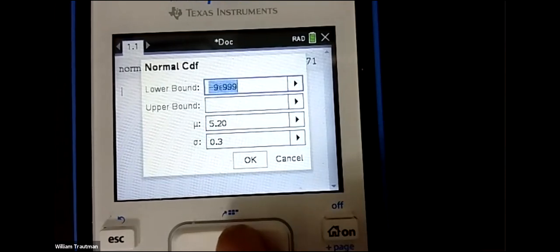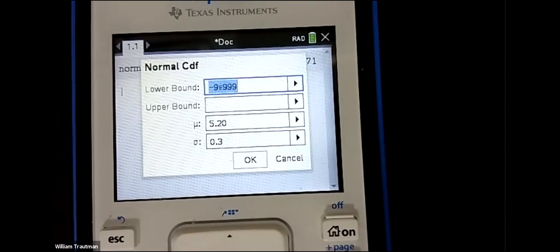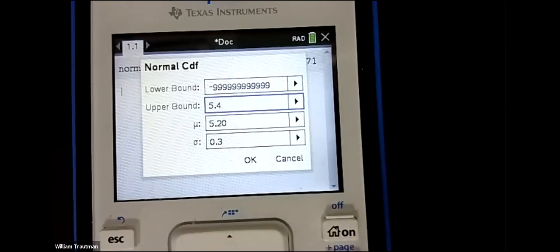Our lower boundary was negative infinity, so I'm just going to type in negative 99999999999, which is really close to negative infinity. The upper boundary was 5.4. You can type all this in so you don't actually have to calculate the Z value.